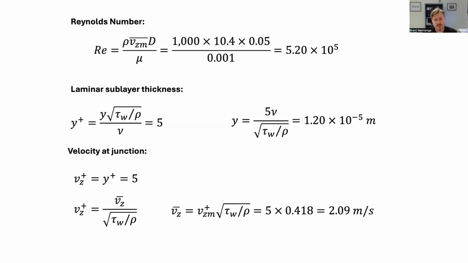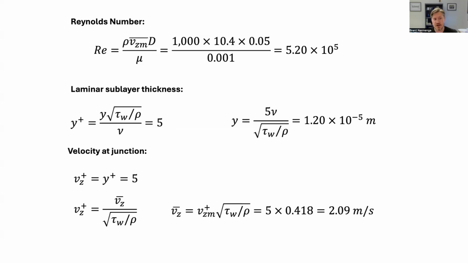In the laminar sublayer, we get y plus equals Vz plus, equals 5. In the turbulent area, when y plus is greater than 30, or greater than 11.6 in the two-piece model, we have another equation that says Vz plus equals 2.5 natural log of y plus, plus 5.5, and that allows us again to calculate dimensionless velocity and then go back into real velocity.